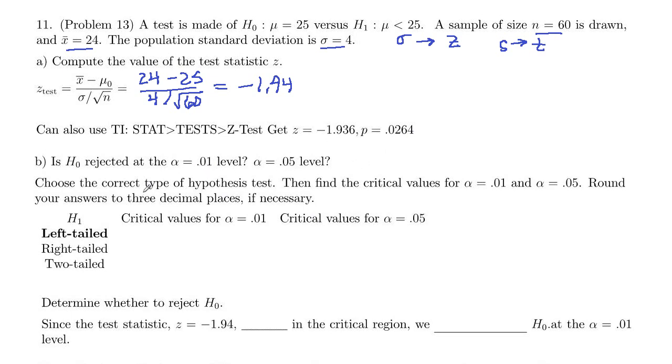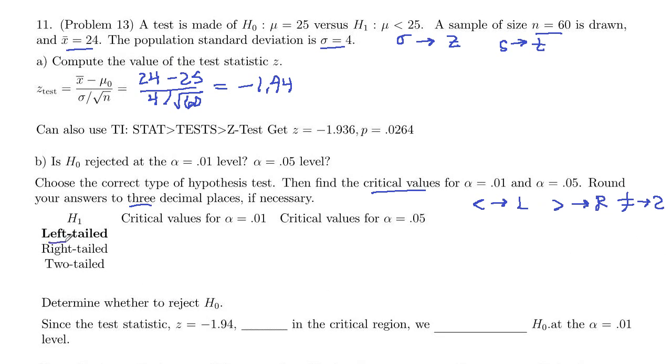So first, choose the correct type of test of hypothesis, and find the critical values for 0.01 and 0.05. We're rounding to 3 decimal places. So this is a left-tailed test. Remember here that less than is left, greater than is right, and not equal is two-tailed.